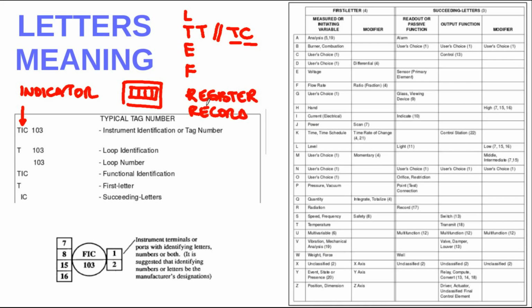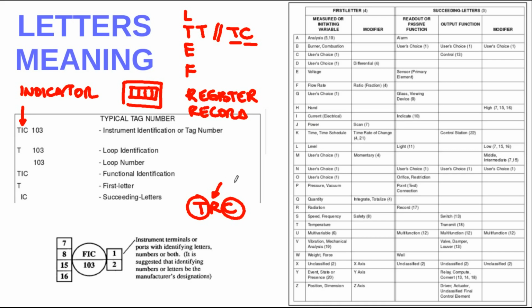So that means that the temperature, for example, TRC, means that it's a temperature controller, but it records the data on a device, for example a data logger or something similar.